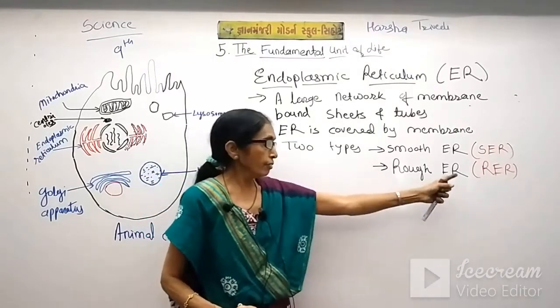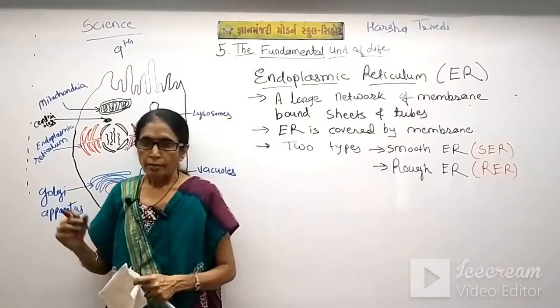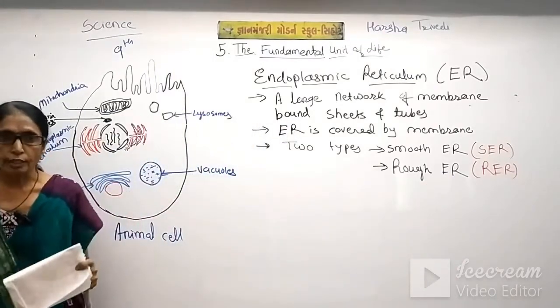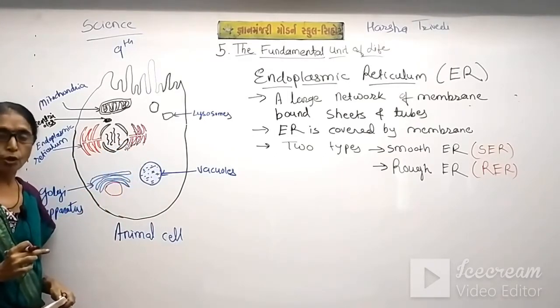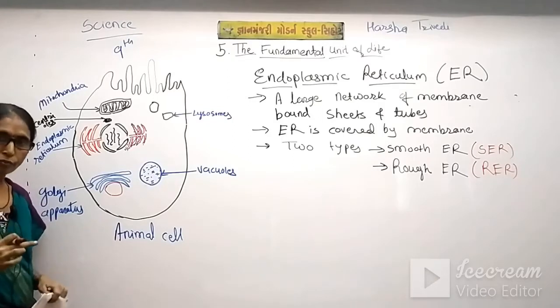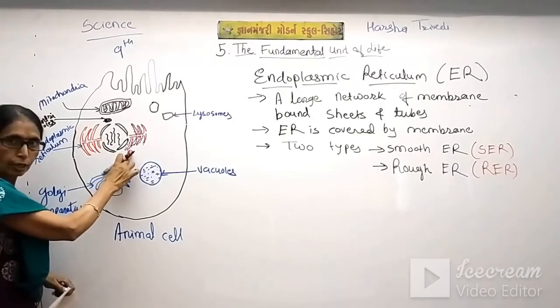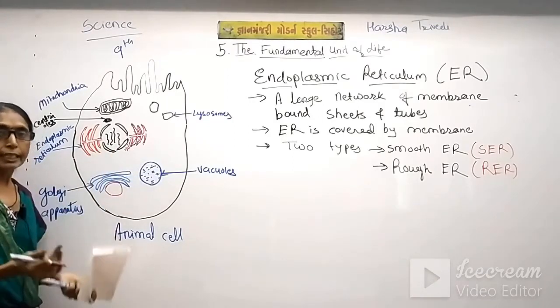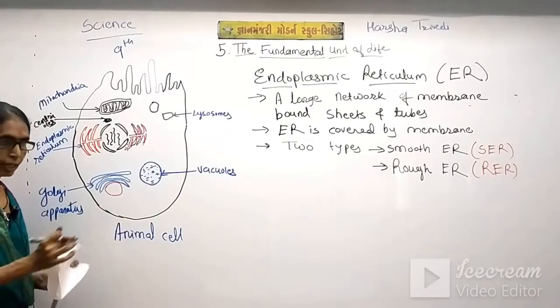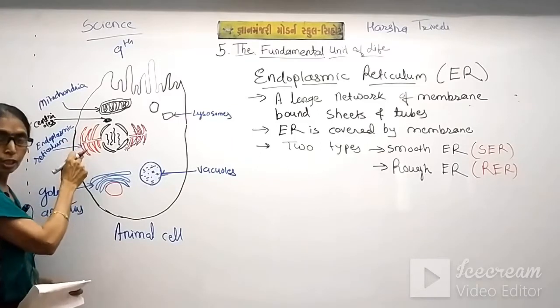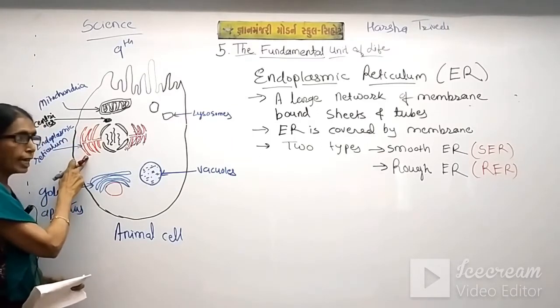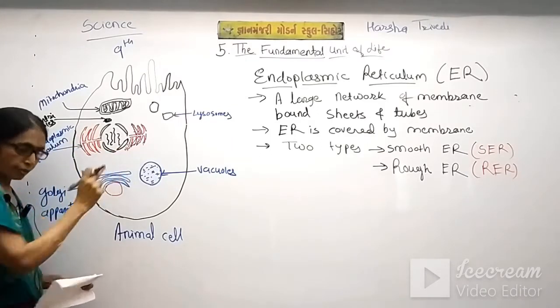Why is it rough? Because, as already shown in the figure, it has ribosomes on the surface of the endoplasmic reticulum, so it makes it rough. Here the ribosome dots are not shown, so this is the smooth ER and this is the rough ER.